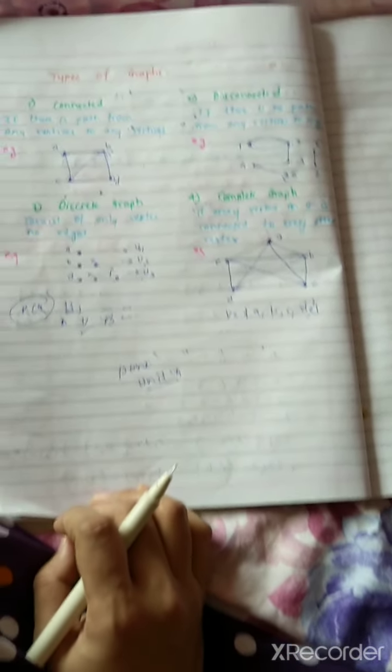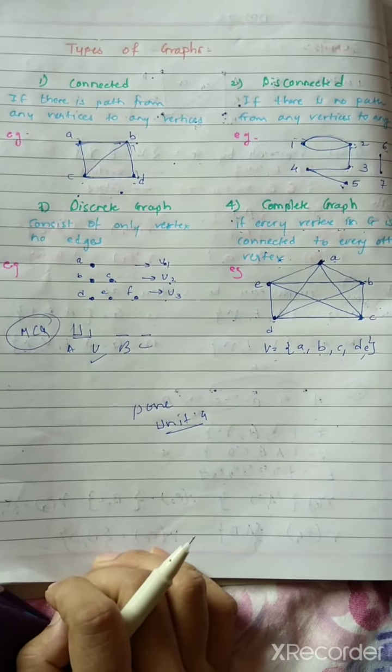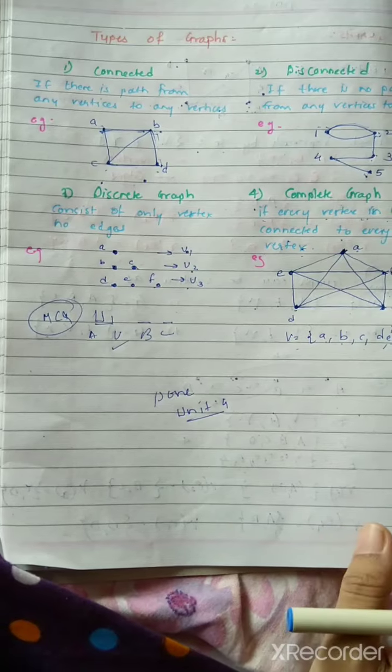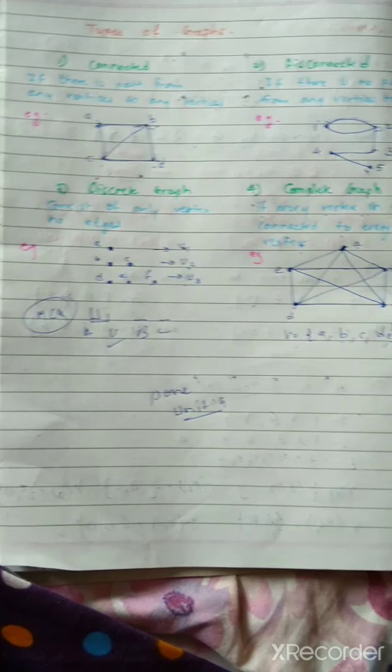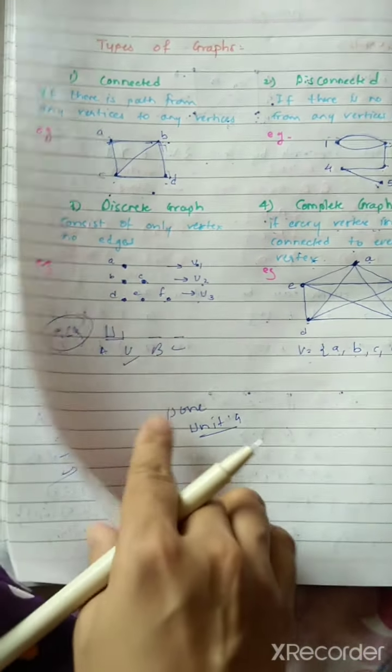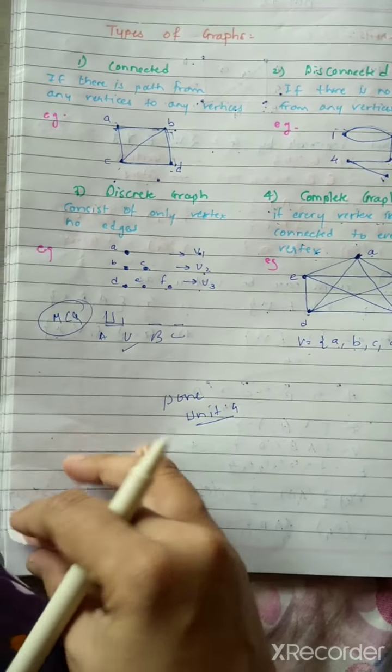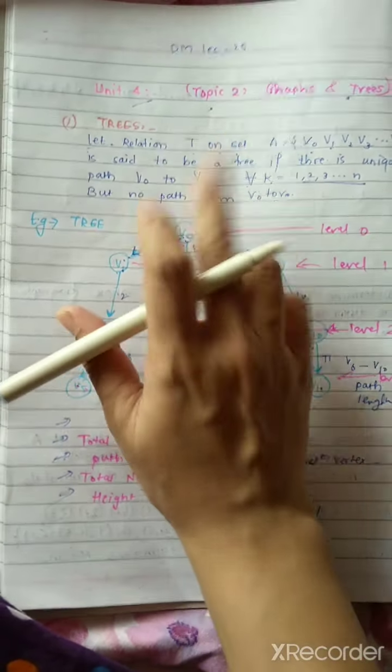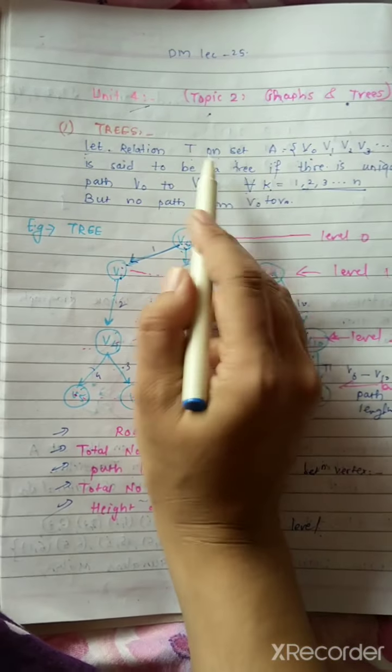I'll take one lecture to let you know how MCQs will be there. For example, from what we saw in this lecture, which MCQs can be made? For example, how MCQs will be made from lecture 25.